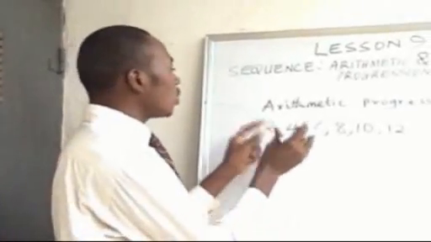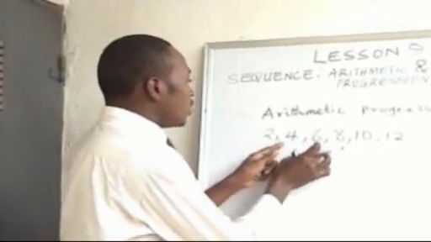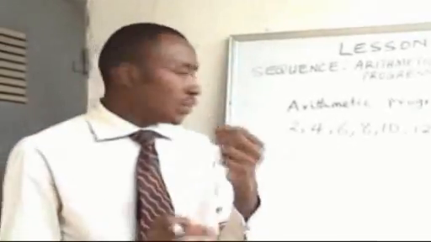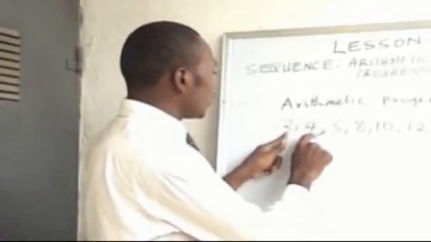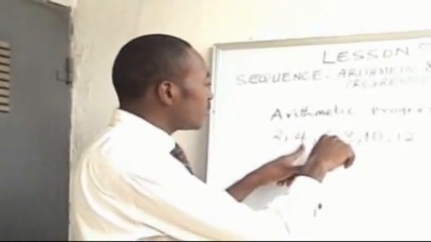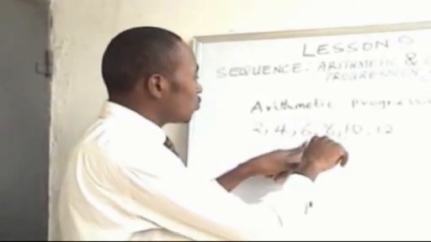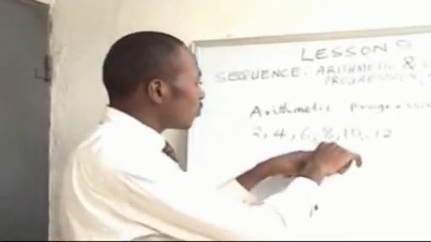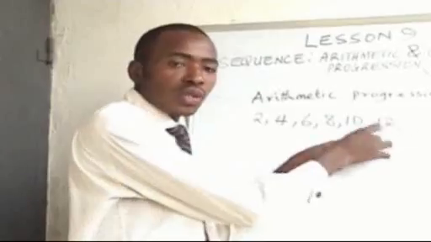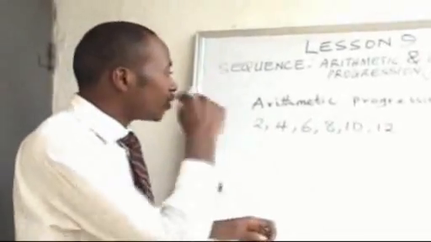And if you watch, the difference between any consecutive terms here is 2. For instance, from 2 to 4 is an increment of 2. From 4 to 6, there is an increment of 2. From 6 to 8, an increment of 2. From 8 to 10, an increment of 2. And from 10 to 12, there is also an increment of 2.